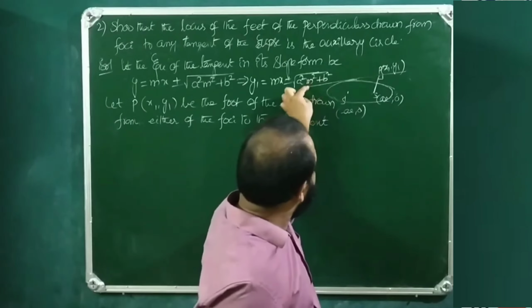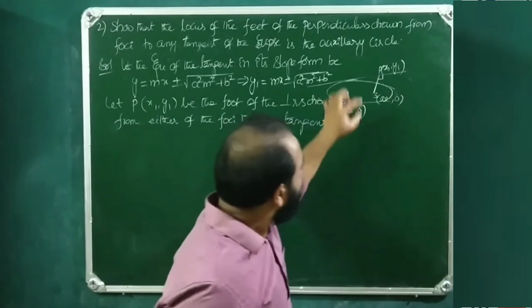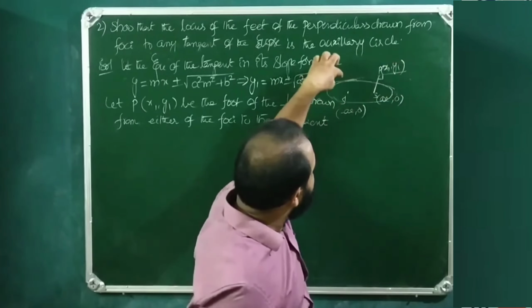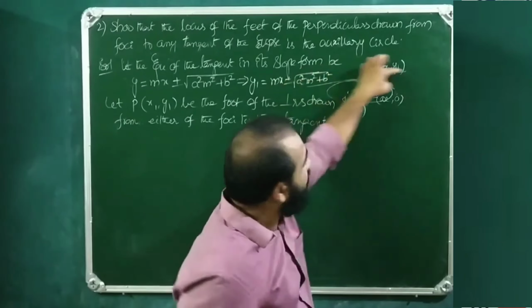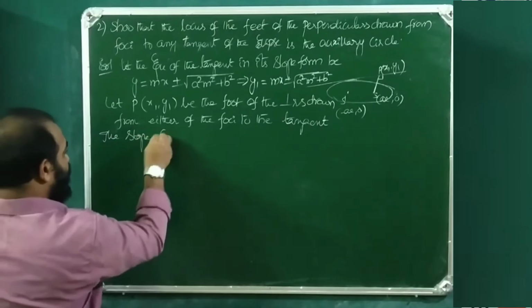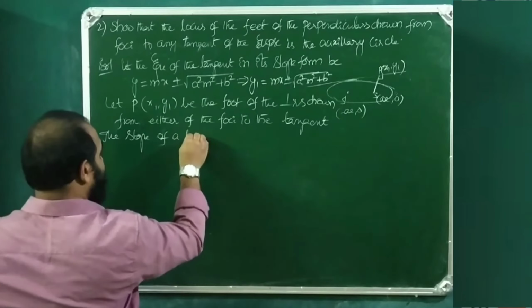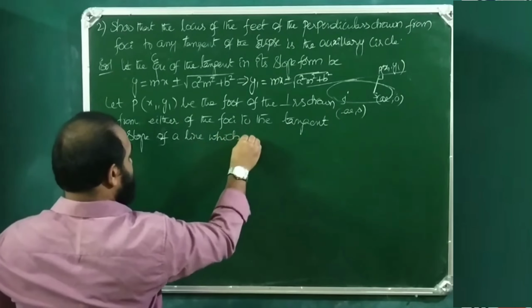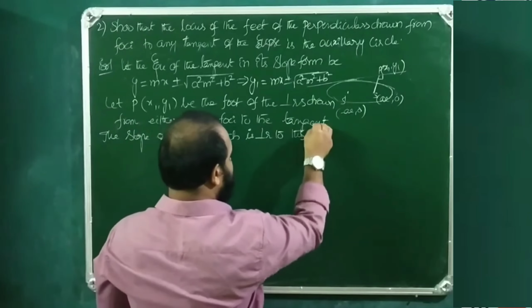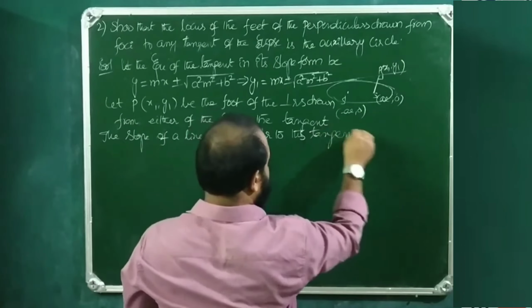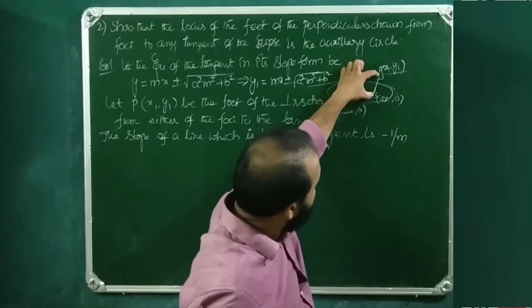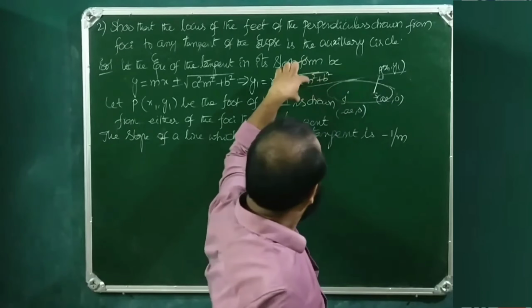So the slope of a line which is perpendicular to this tangent is minus 1 by m.